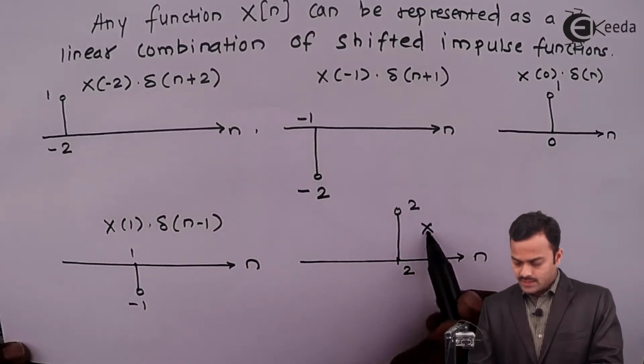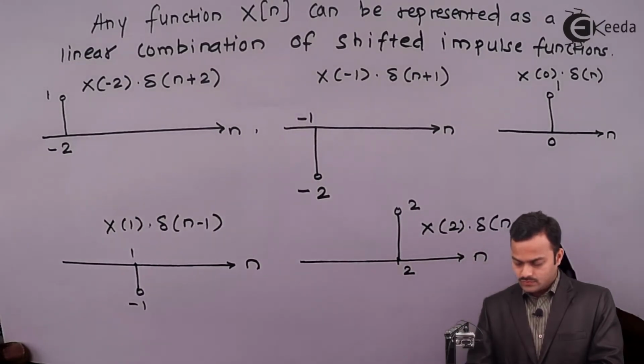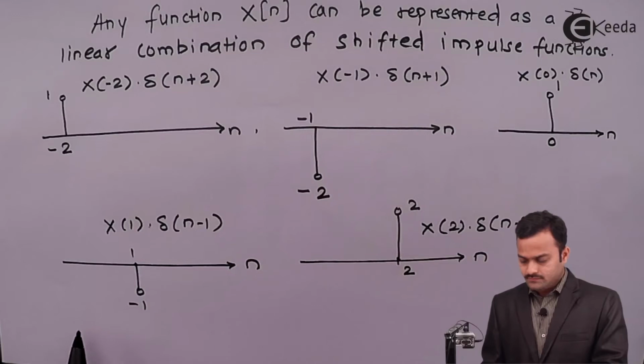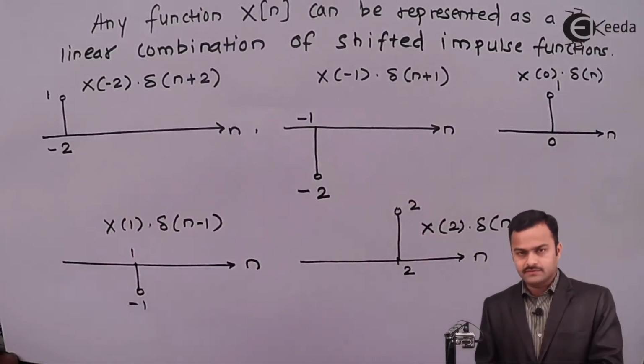I can write it as x of 2 multiplied by delta n minus 2, so on and so forth. So what I'll do, if I add all this, I will get the x of n sequence.